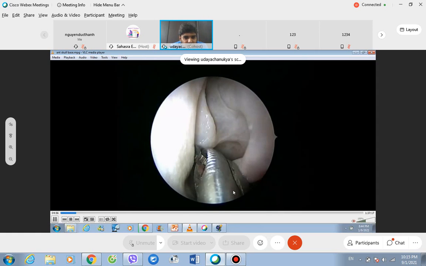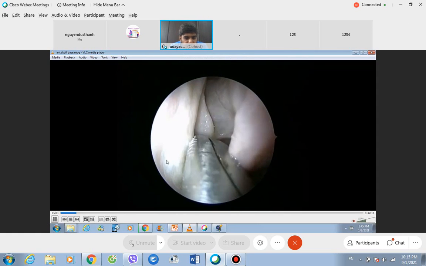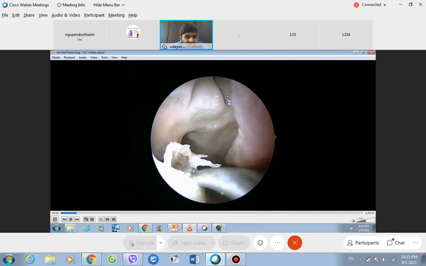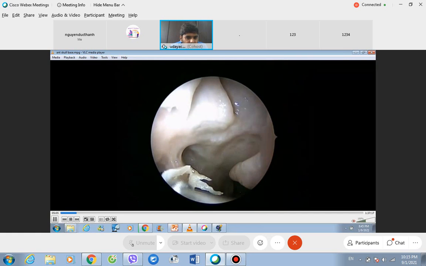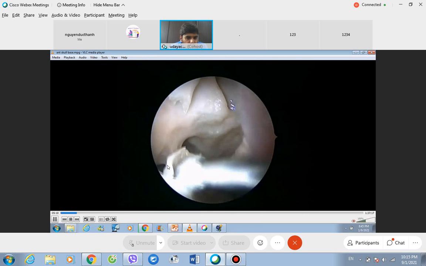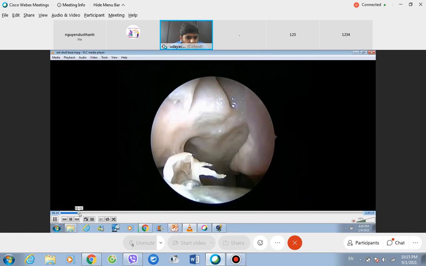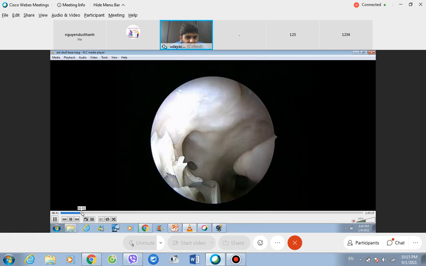We insert a backbiting forceps at the junction of the vertical and horizontal part, and then we take 1, 2, 3 bites so that we can feel the anterior hard bone. And this is the horizontal part of the uncinate bone. We have to remove the horizontal part of the uncinate bone, and then we can go inside the maxillary sinus.